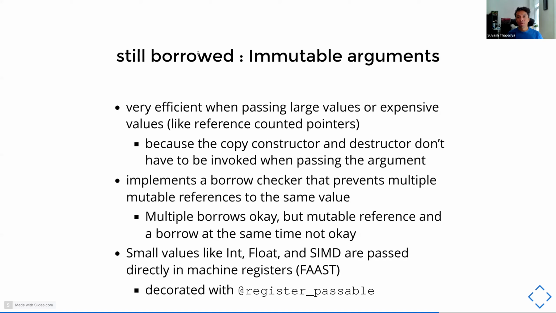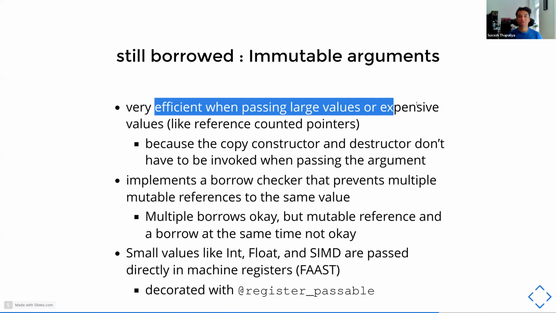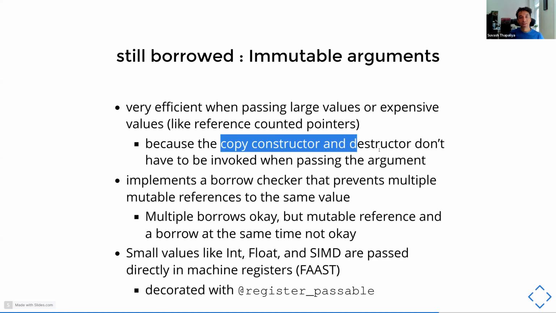But yeah, immutable arguments, why do we care? It's very efficient when we pass large or expensive values, because the compiler knows this thing is not going to change, which means it can do optimization tricks. And the copy constructor and the destructor do not have to be invoked.